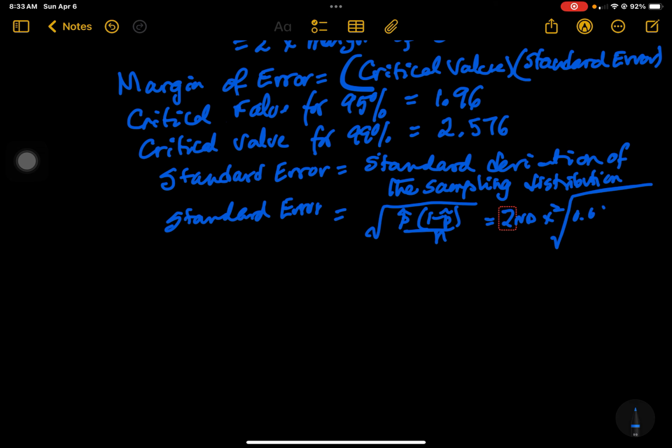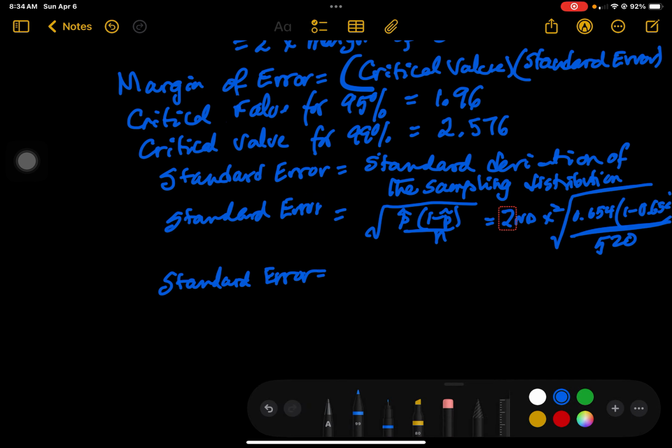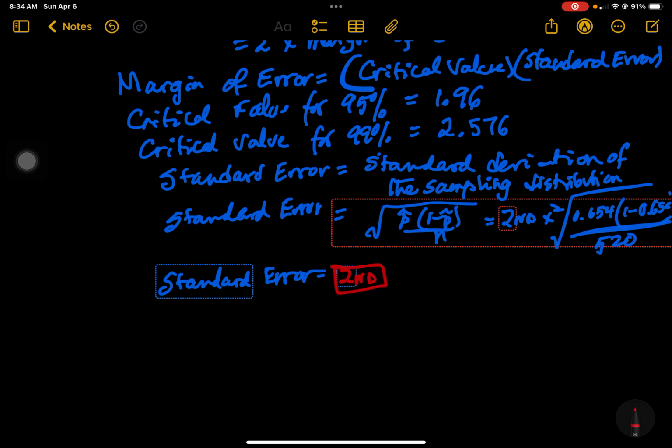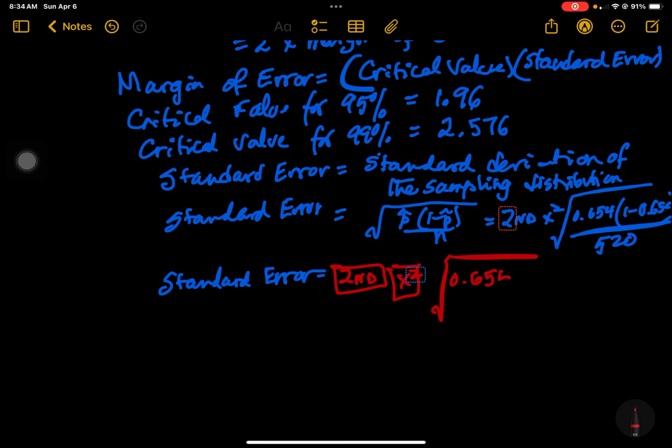Inside the square root, we first type 0.654, then left parenthesis 1 minus 0.654, close the right parenthesis, divided by n, which is 520. Let me change the color of the ink.